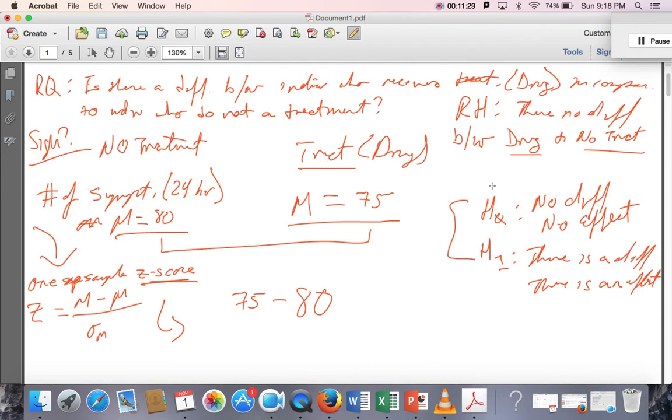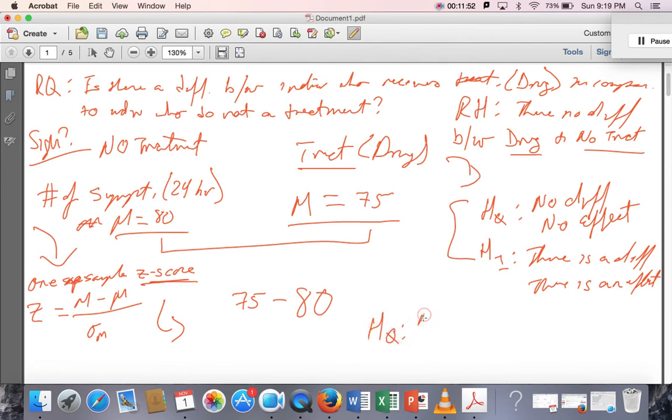Now, remember that when we introduced the null hypothesis, we introduced this idea that the null always says no difference, no effect. So here, when we look at this one sample z-score or one sample z-test that we're using in terms of the textbook, the null hypothesis for the one sample z-test would predict the following.